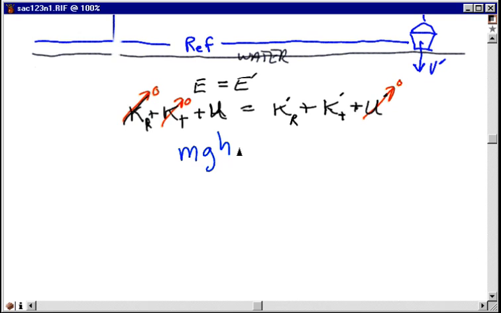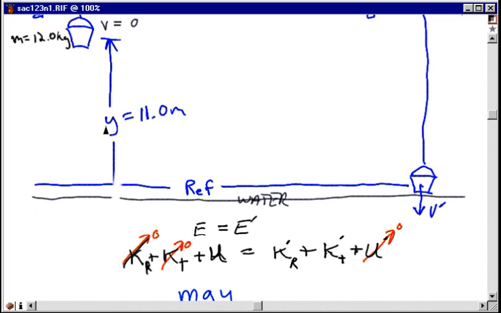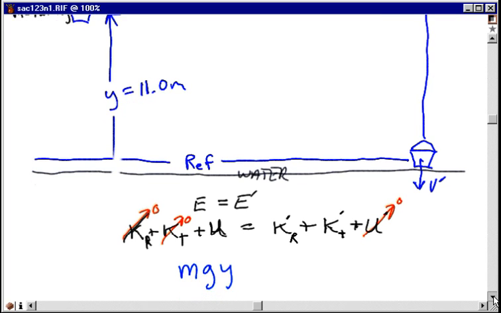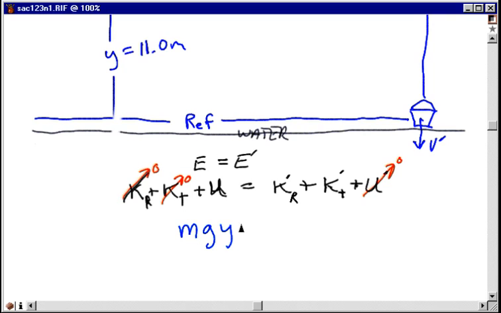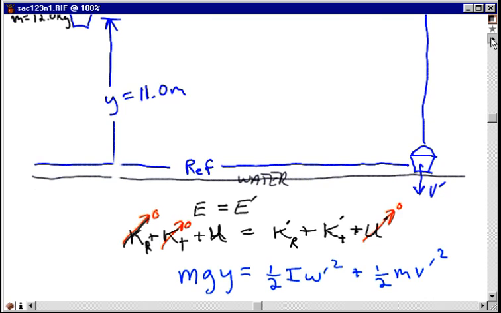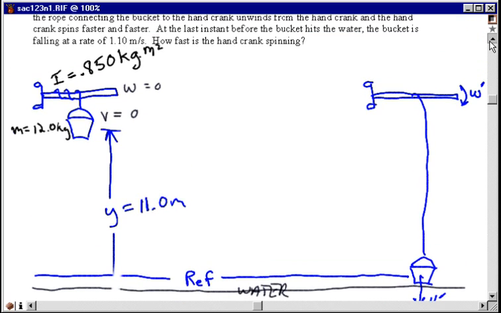It's not going up and down, so we don't have to worry about the potential energy of the hand crank. But the potential energy of the bucket I've got in there, and I'm calling that initial height of the bucket above the reference level Y, so I'll leave that as a Y. And then on this side I've got 1/2 I omega prime squared for the kinetic energy of rotation of the hand crank plus 1/2 mv prime squared for the kinetic energy of translation of the bucket.